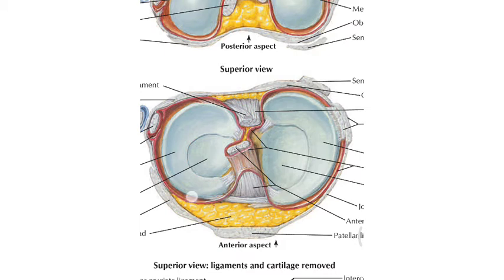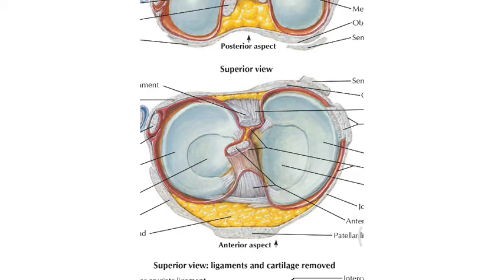Here when you trace along this red line, you can see the infrapatellar fold. On two sides you will have the alar fold, and the semilunar intervals between the alar folds and the condyles of the femur communicate with the femoropatellar compartment.